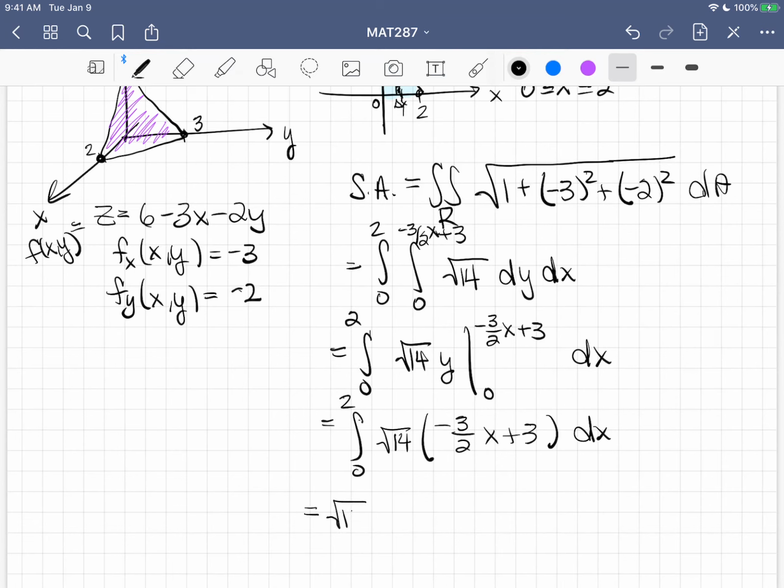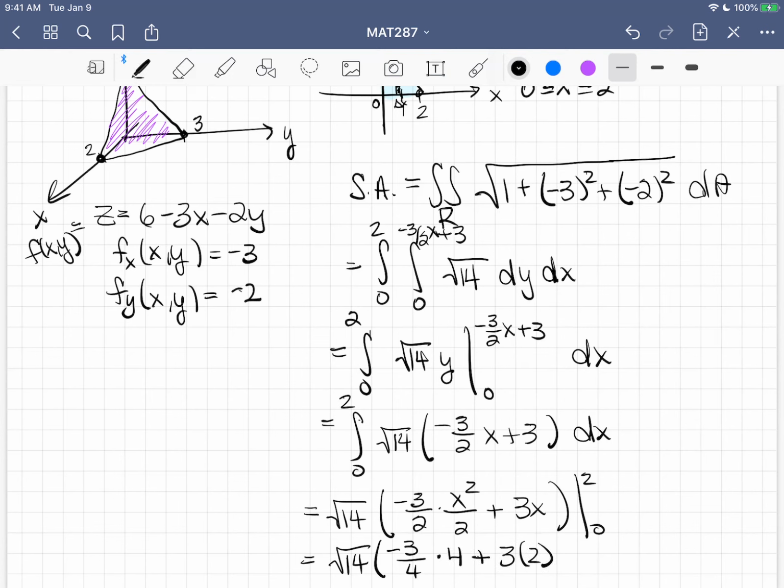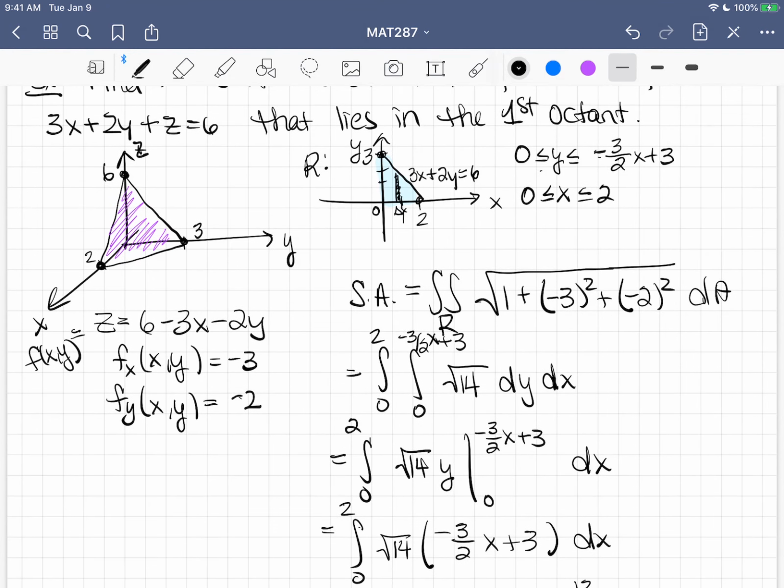I'm going to pull my square root of 14 out front. I get negative 3/2 times x squared over 2 plus 3x evaluated from 0 to 2. That's square root of 14 times negative 3/4 times 4 plus 3 times 2. The 4's cancel, so I have negative 3 plus 6. That's 3. So I get 3 square root of 14. So that's the surface area here, the purple that's been shaded.